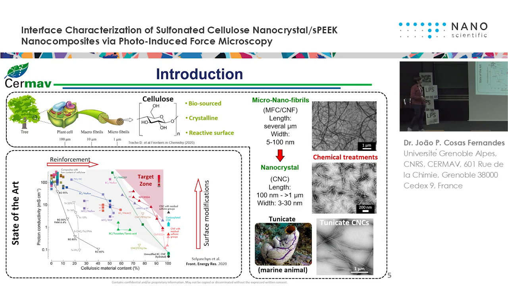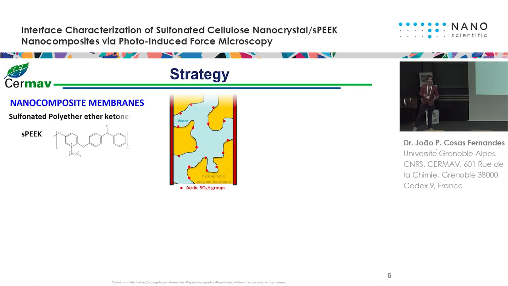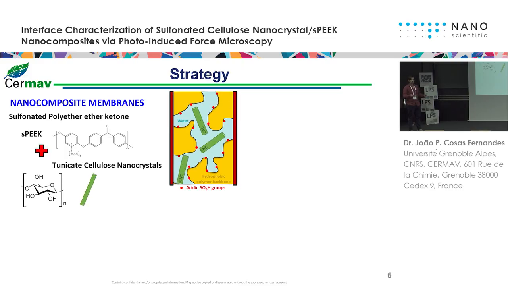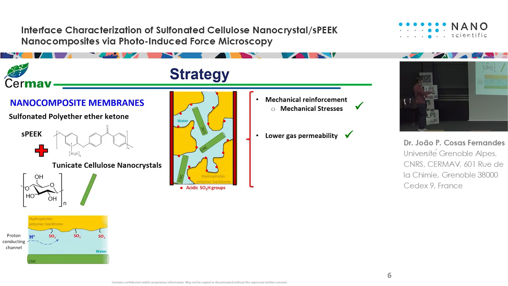So our strategy here is to study a nanocomposite membrane based on sPEEK, which is an ionomer, non-fluorinated membrane, and then use these long tunicate cellulose nanocrystals to make the composite, which should bring first a mechanical reinforcement to withstand the different mechanical stresses inside the fuel cell, but also lower the gas permeability of our membrane. The problem is that cellulose is not conductive, so we would lower the conductivity, as we said before.